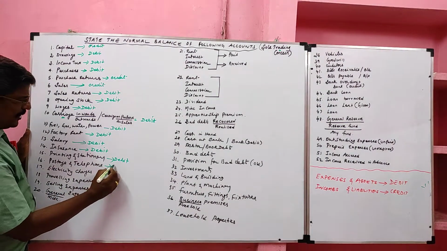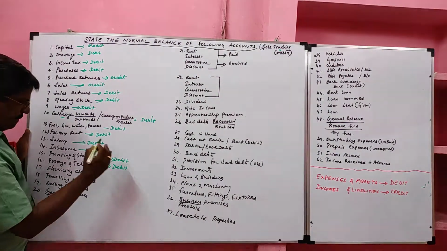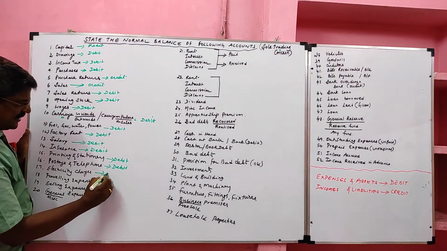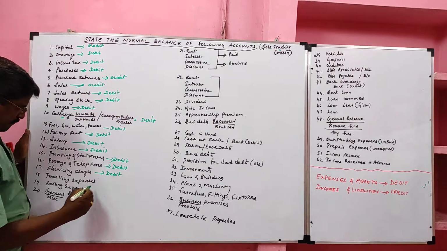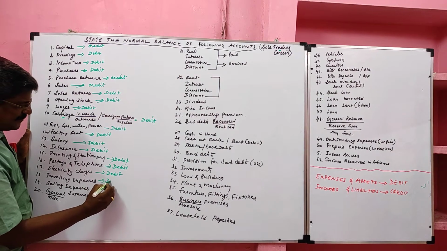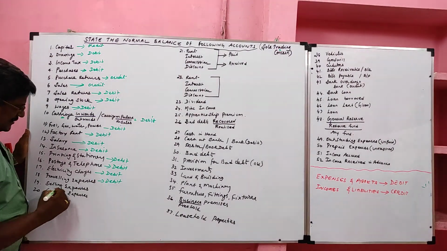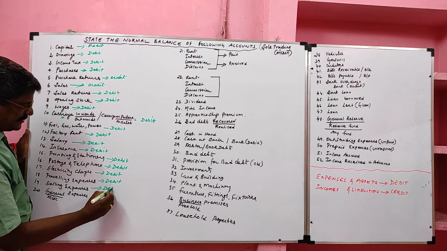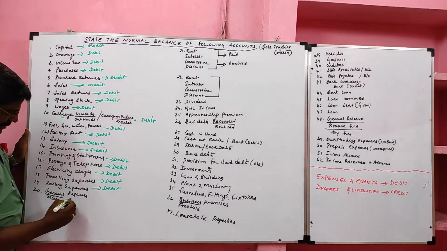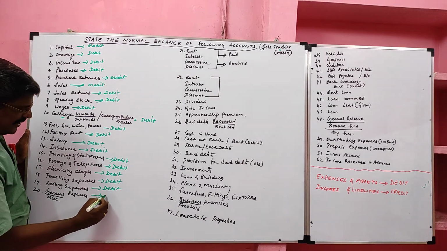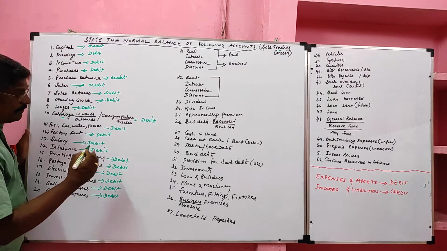Postage and telephone, expense, debit. Electricity charges, expense, debit. Traveling expense, expense, debit. Selling expense, expense, debit. General expenses or miscellaneous expenses, expense, debit.